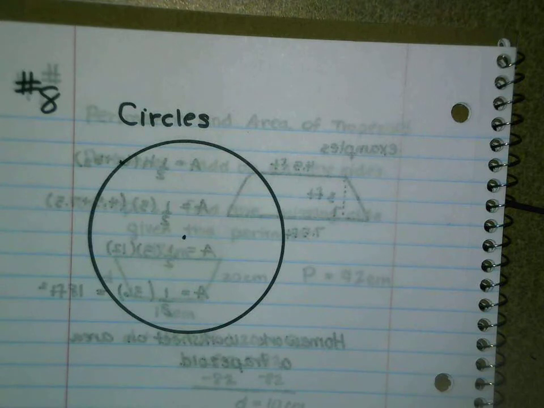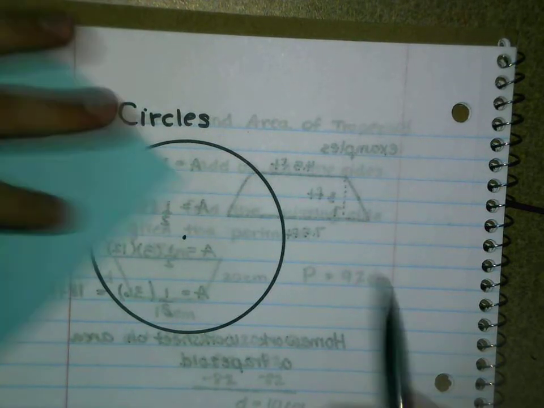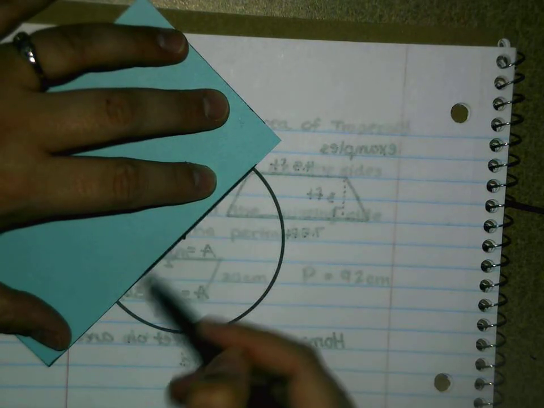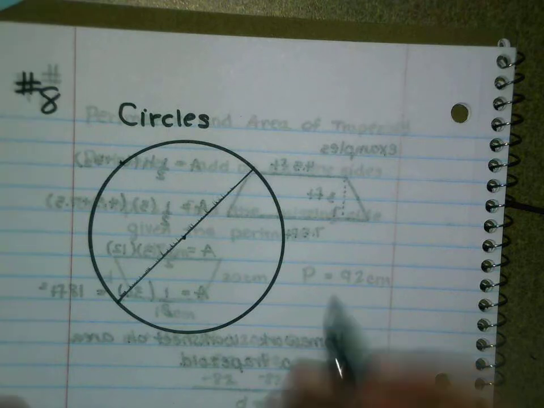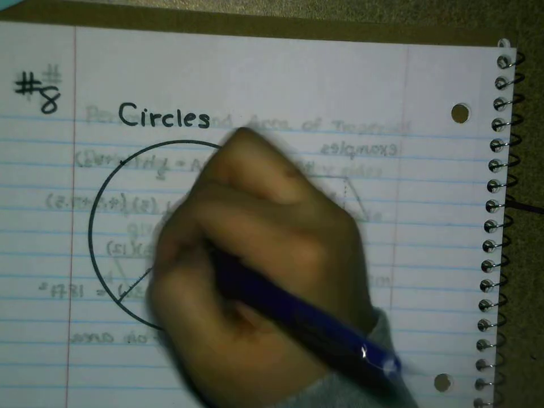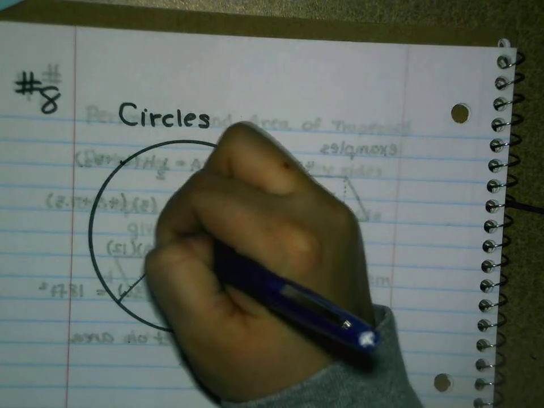If that's our center, we're going to have this line that goes through the center of the circle across the circle here. This is called the diameter of the circle, which you should probably already know, but we'll write it across there as the diameter.